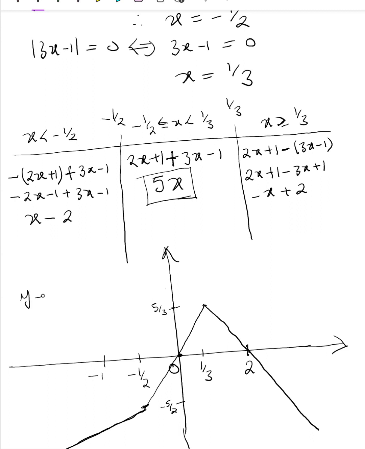This is y is equal to x minus 2, so y is equal to negative 1 minus 2, which is equal to negative 3. So this is negative 1, comma, negative 3. This is negative 2.5, so negative 3 will be close here, somewhere there. So this graph is moving from negative infinity to positive infinity, and that's it.